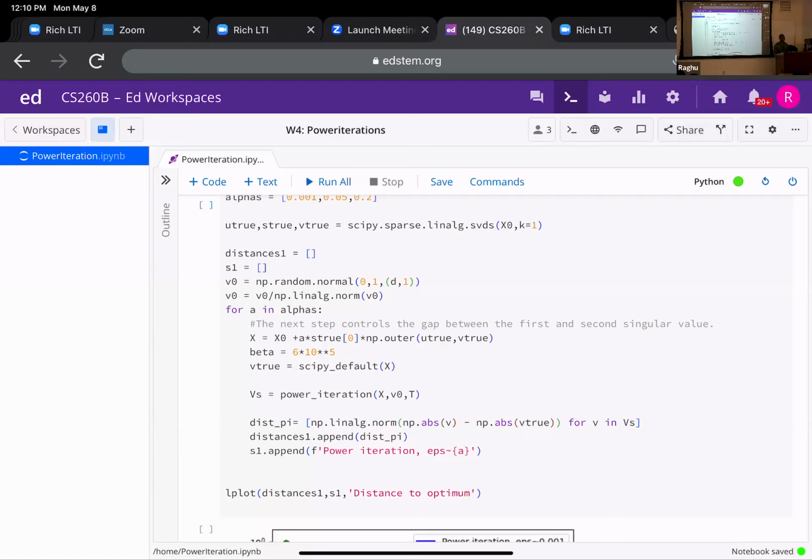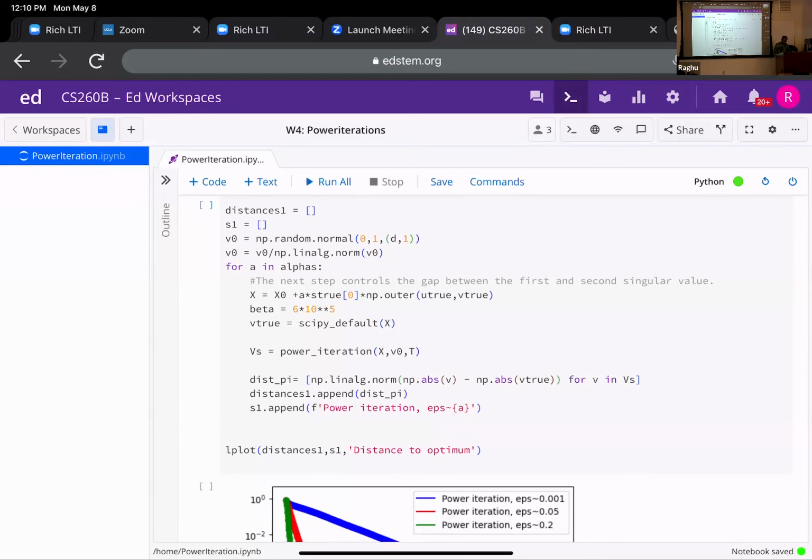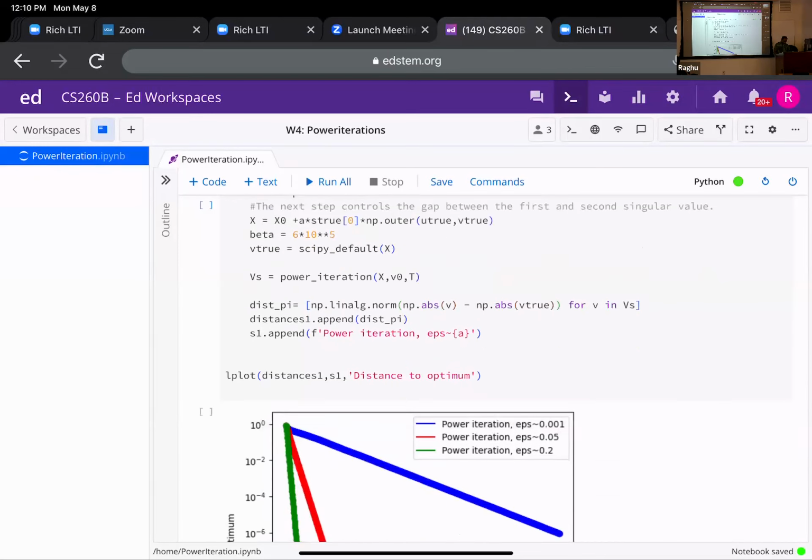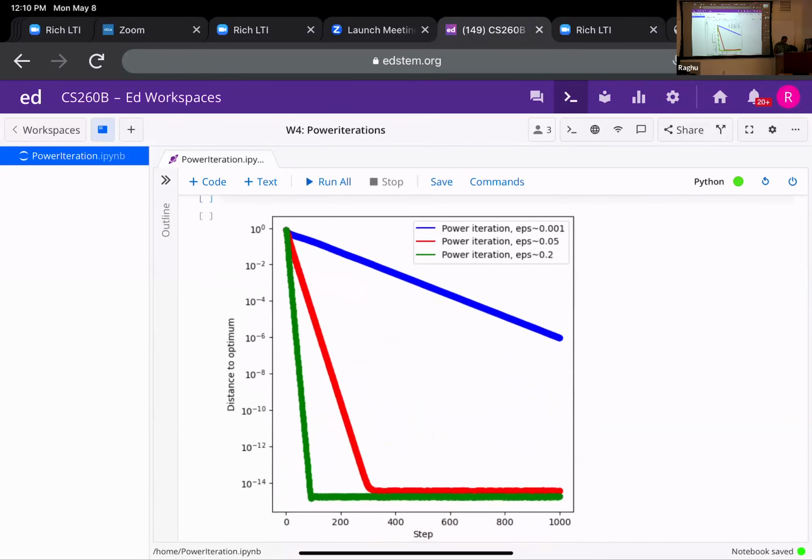I'm just adding some gap into the input to see how the algorithm performs as the gap changes, gap meaning the gap between the first and second singular value. And I'm going to plot the distance between what you get and the first singular vector. And this is what you see.